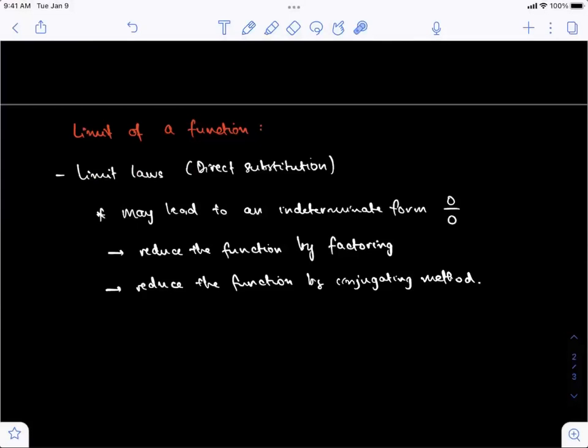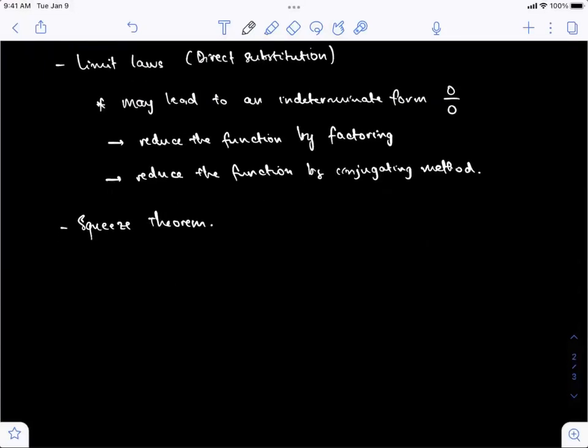You can also calculate the limit of a function using the squeeze theorem. We went over a couple of examples in class related to sine and cosine functions. And in the homework, in WeBWorK, you also did some problems related to the squeeze theorem.